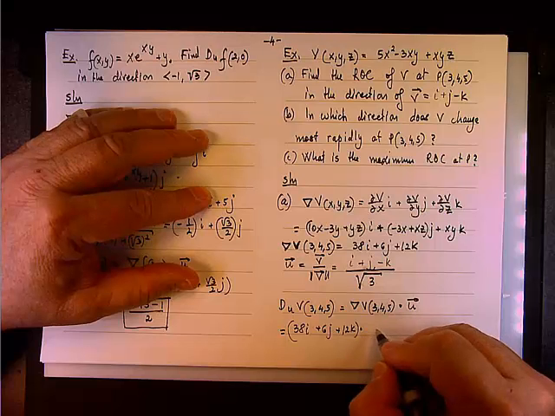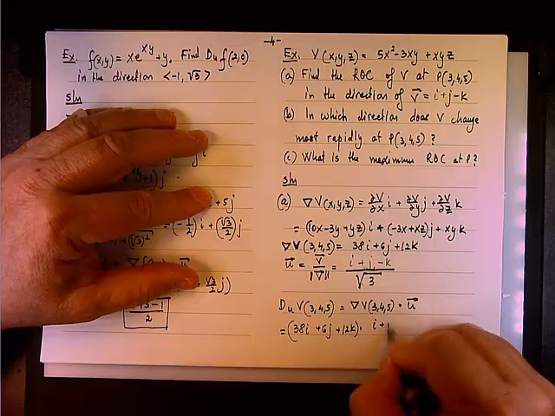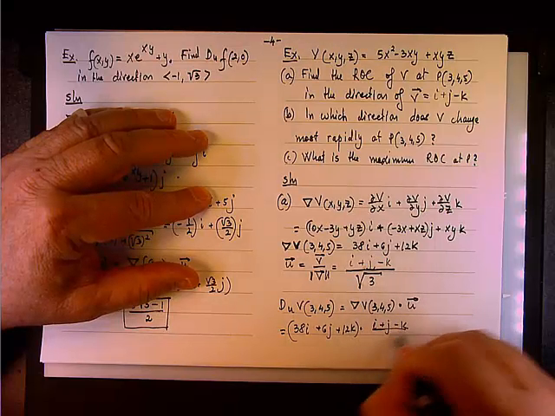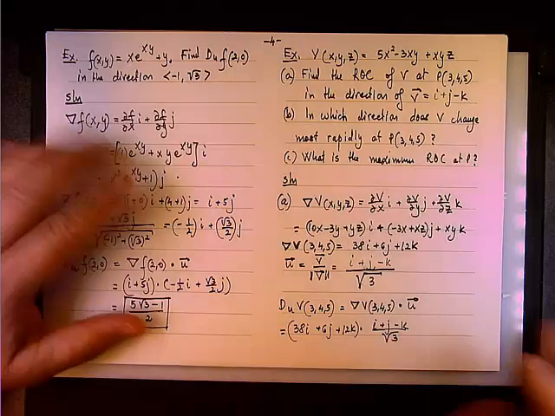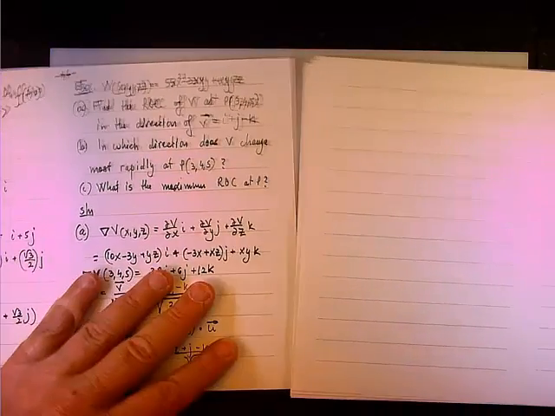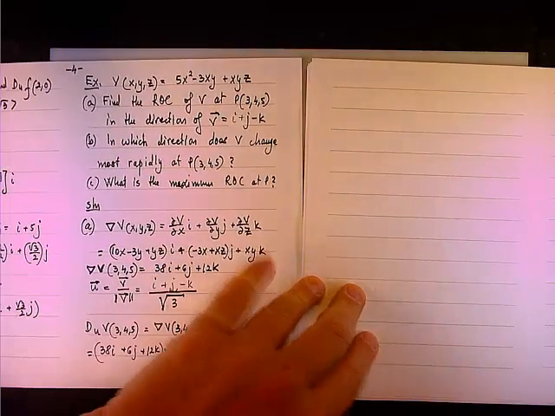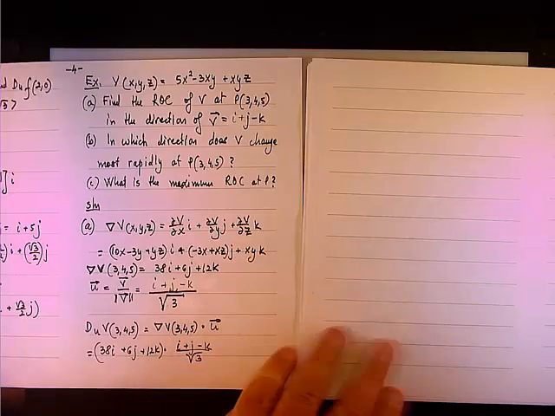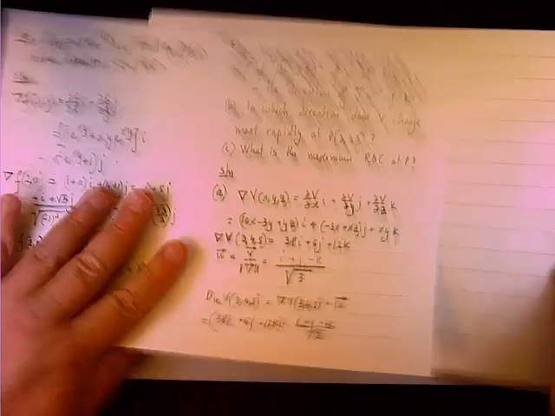In this case, we are looking at 38i plus 6j plus 12k dot i plus j minus k divided by square root of 3. And the answer will be on the next page.